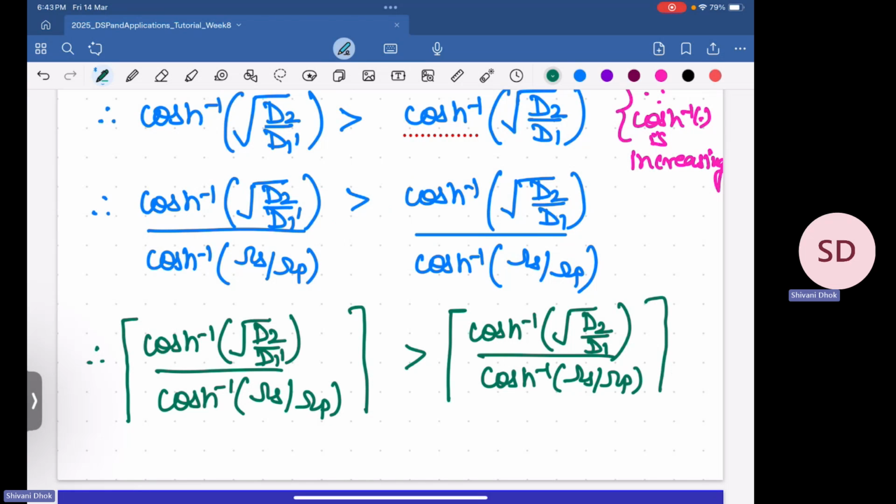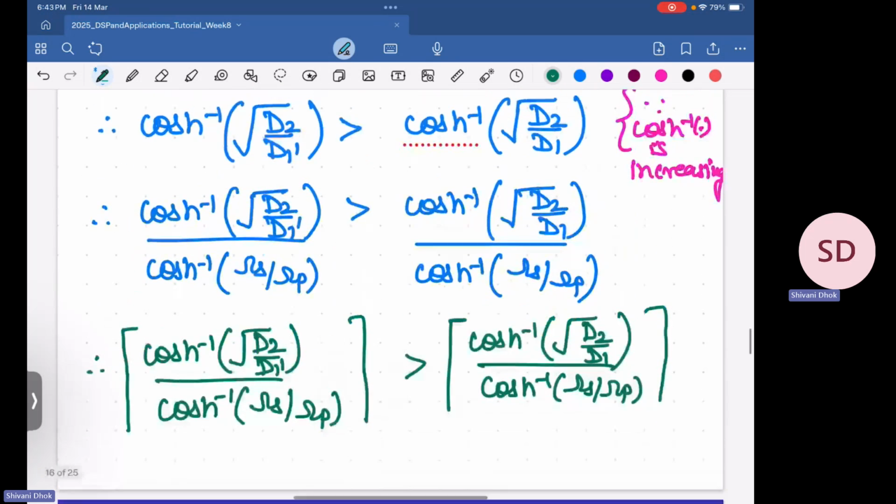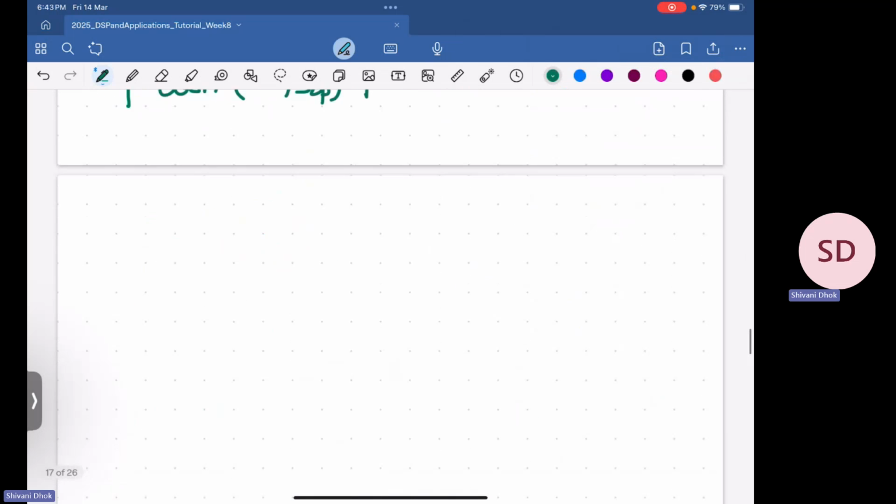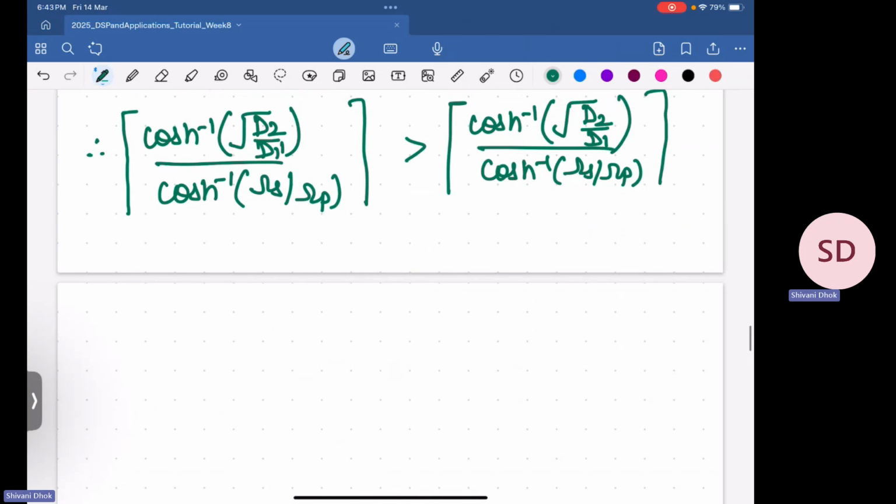If I have x and y, and if x is greater than y, then ceil of x will be greater than ceil of y. Can ceil of x be equal to ceil of y? Let's see an example. Okay, so what I'm saying is, suppose x is greater than y, we know, then can we have ceil of x equal to ceil of y?